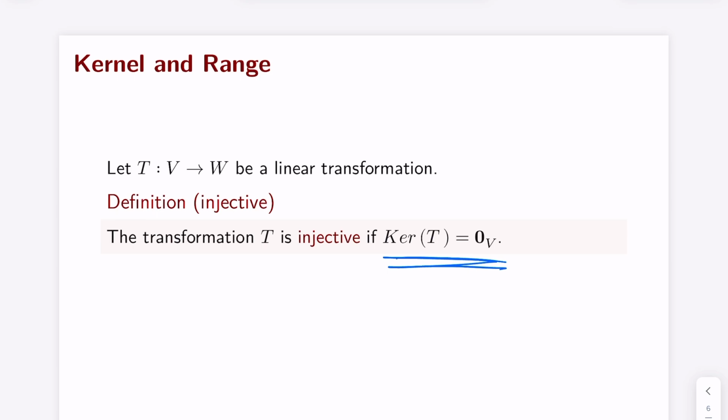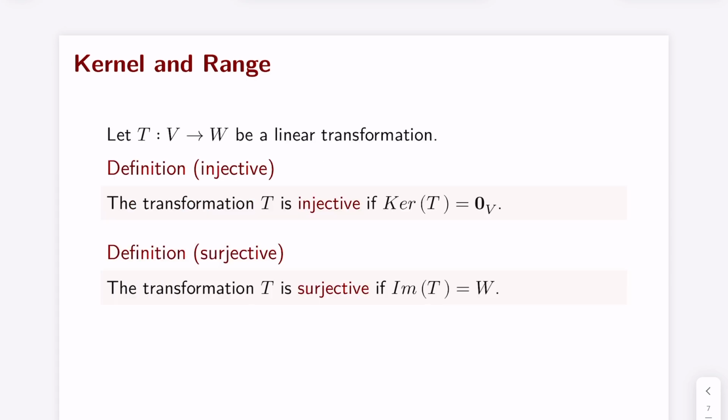I mean, when the only thing that transforms to the zero of W is actually the zero of V. If that happens, so if the only thing that gets mapped to zero is just the zero, then we're going to say that the map is injective. And the image can be very small or can be as big as the whole codomain. When that happens in that extreme, when it's equal to the whole codomain, we are going to say that the map is surjective, the transformation is surjective.